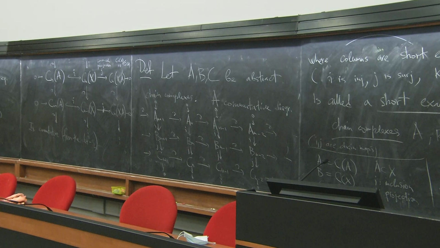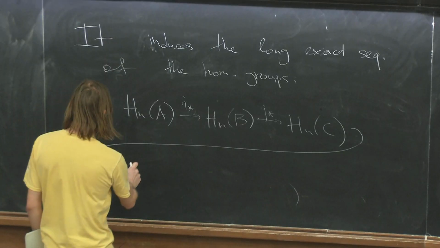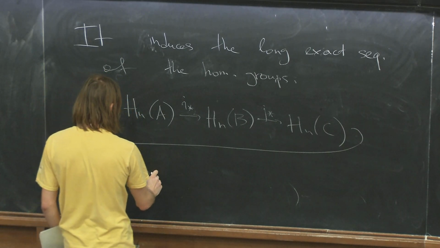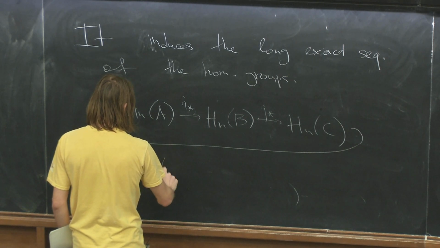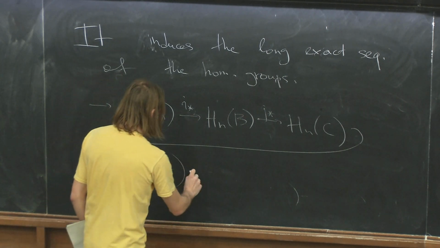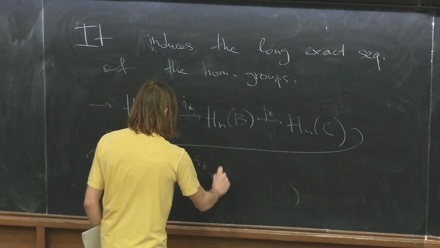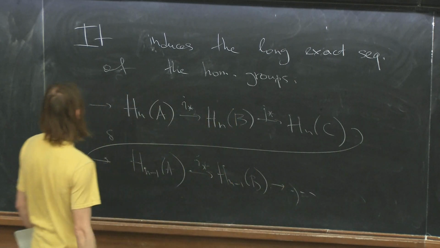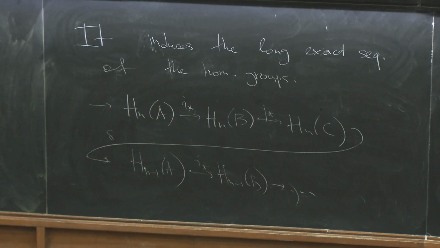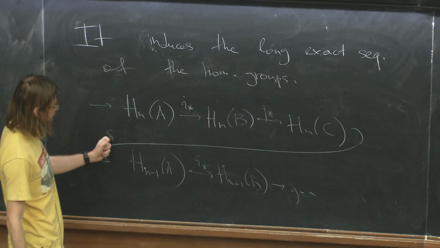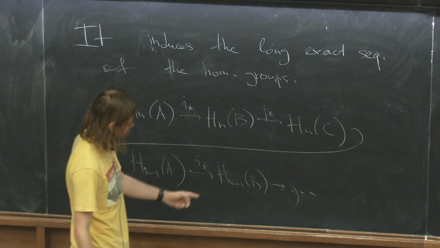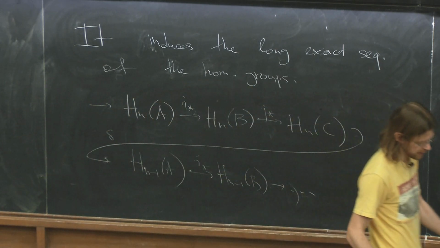And then there will be another homomorphism from Hn of C, which we will construct, delta, which will take us to Hn minus 1 of A, and then we'll continue in the same manner. Our next task will be constructing this map delta and ensuring that this sequence is long exact.